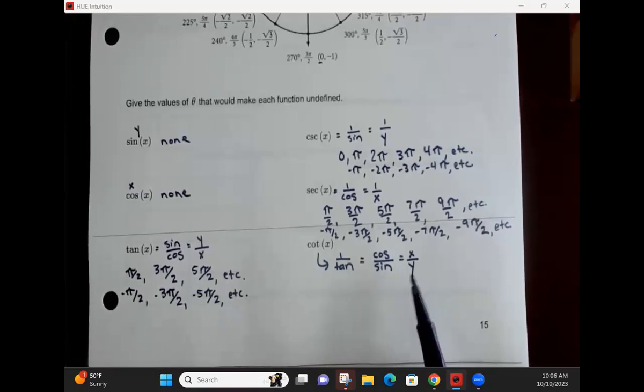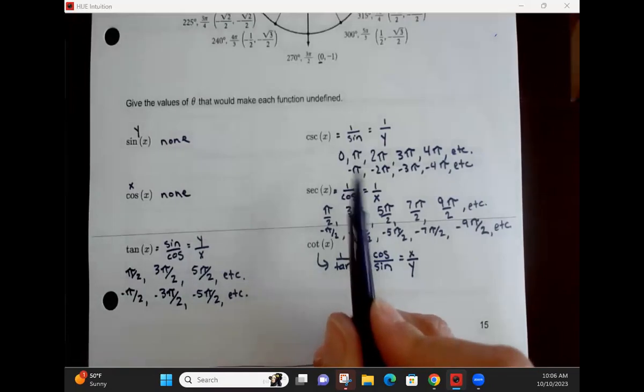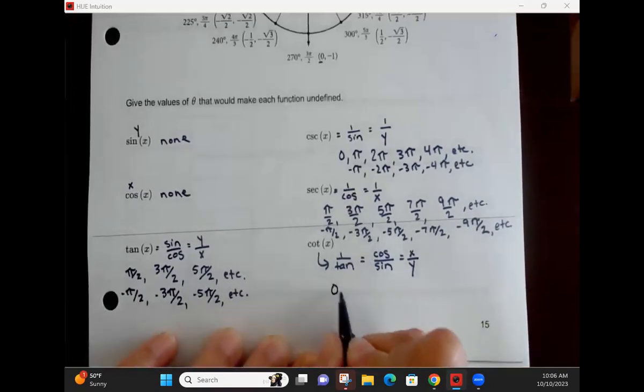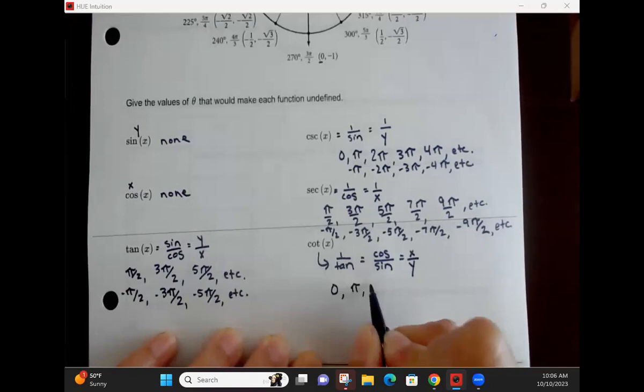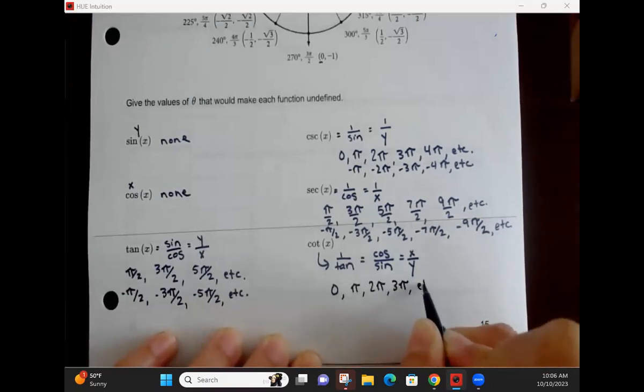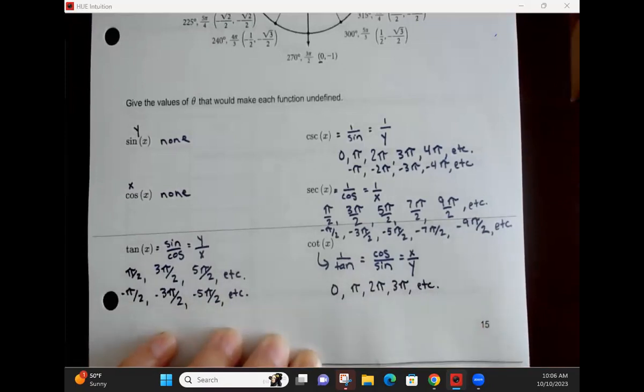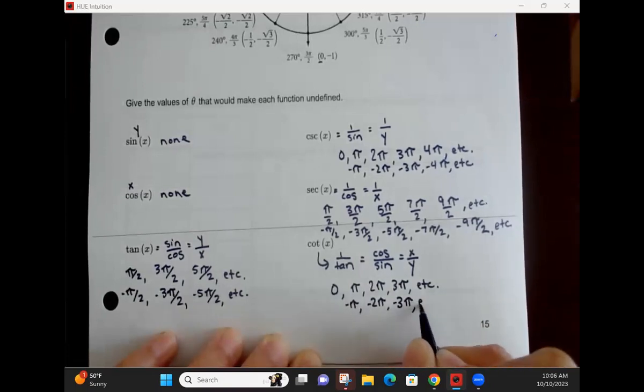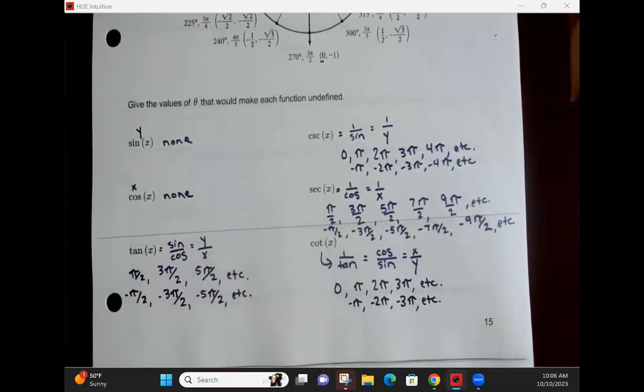Well, that will be the same places that cosecant was undefined. So cotangent is undefined at 0, at pi, at 2 pi, at 3 pi, and so on and so on. Also at negative pi, at negative 2 pi, at negative 3 pi. And again, we could keep going around as many times as we wanted to.